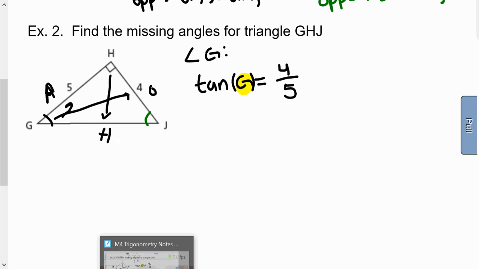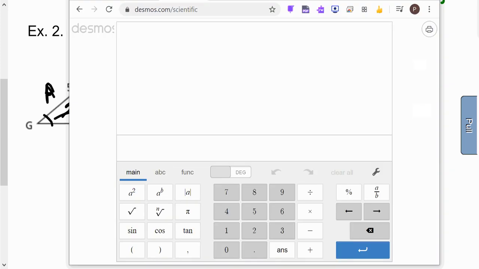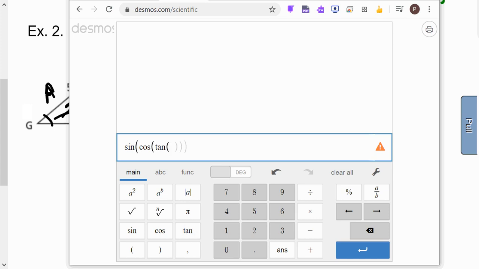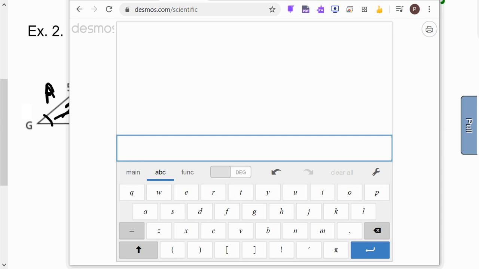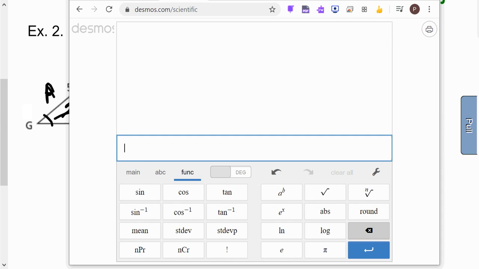So I'm going to pull up a calculator here, and this is just a general scientific calculator. This is the Desmos one, but the operation is going to be the same idea on whatever calculator you're using. If you look on the left-hand side, I have my sine, my cos, and my tangent buttons. We're not going to write it like that because that's a lot of mess. But we want the opposite. So we want to hit the second button, or in this case, I'm hitting function.